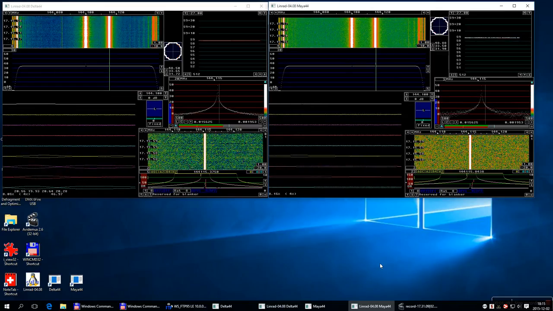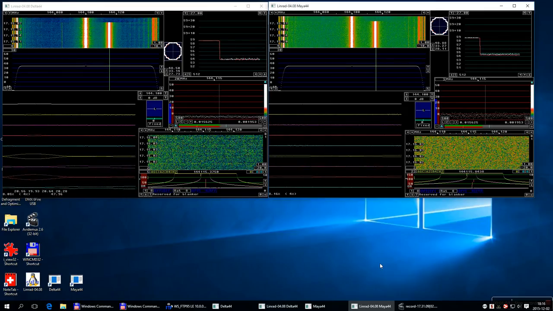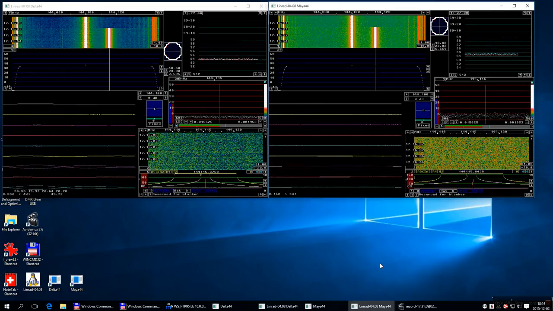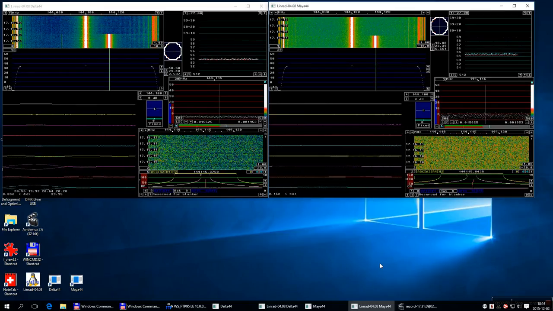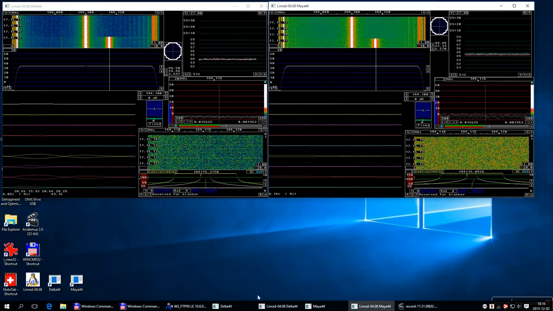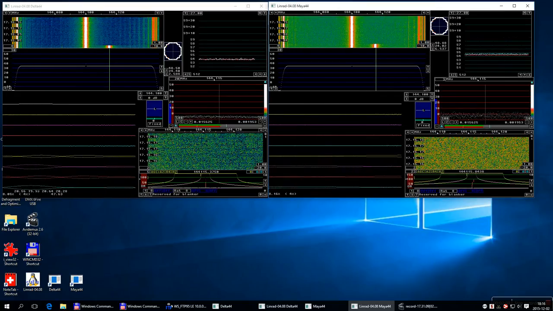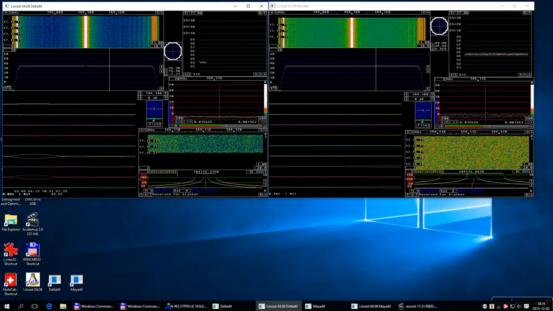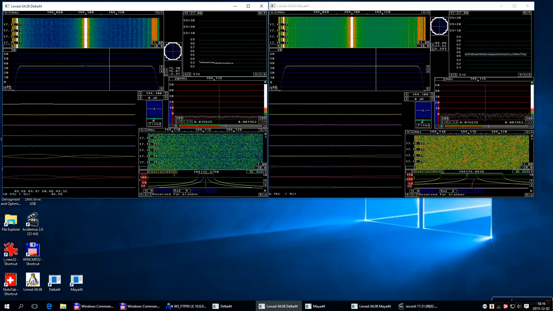I switch the signal off, and the noise floor is S4 or S4.5, depending on which sound card, but this is with a 10 kilohertz bandwidth. So for normal bandwidth, let's say single sideband, it would be 2.5 kilohertz, something like that.